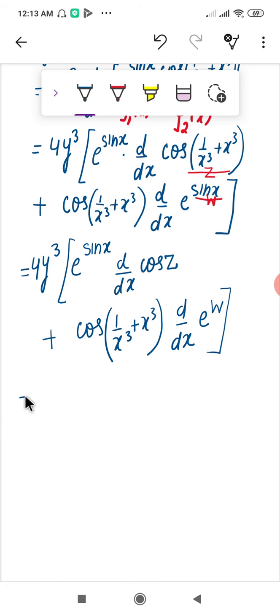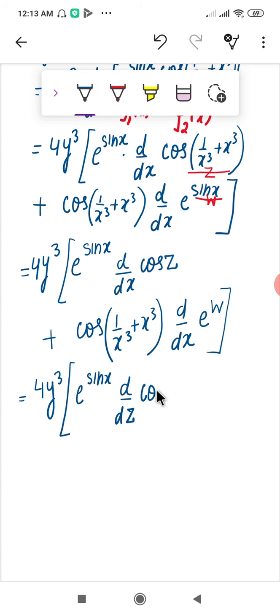Next step, 4y cube e to the power sin x. Now same modification, write it as d by dz of cos z, and the dz of numerator will be placed with dx.